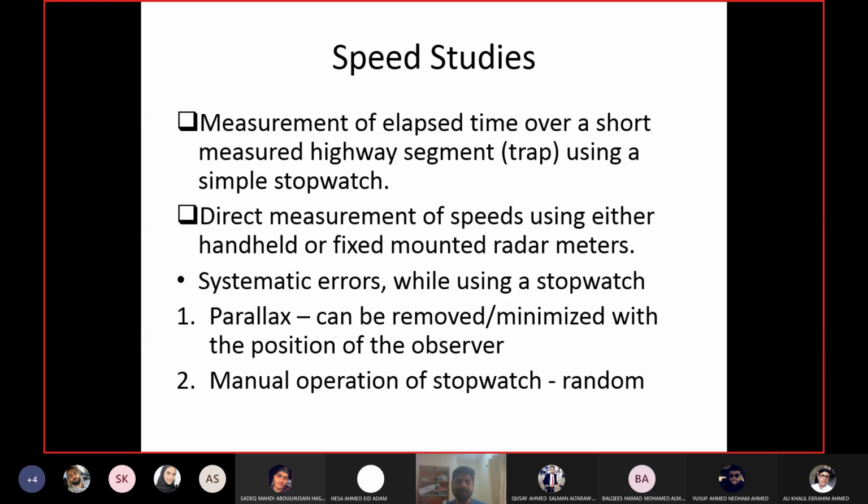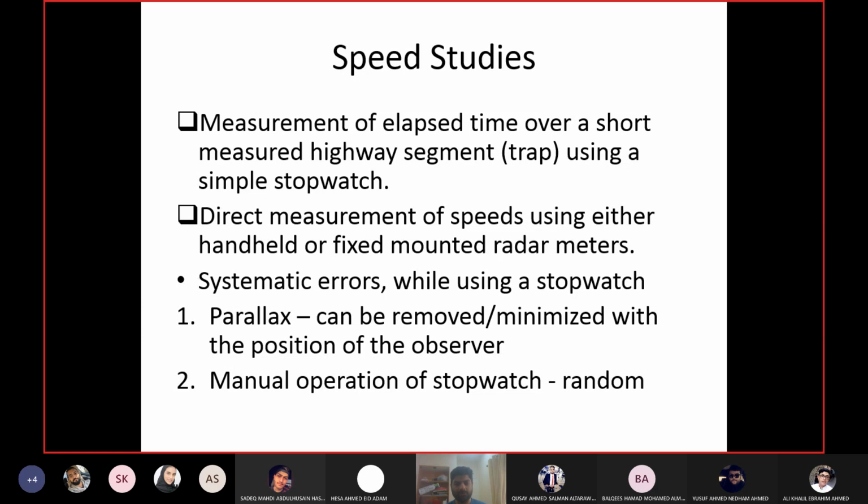The second error is the random error, due to the operation of the stopwatch. Your hand can sometimes be very fast or too slow. Sometimes you may lose half a second or 1 second in pressing the stopwatch, or vice versa. Sometimes you do it sooner than you should.